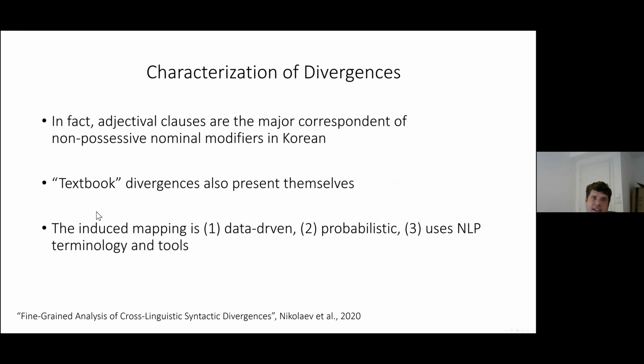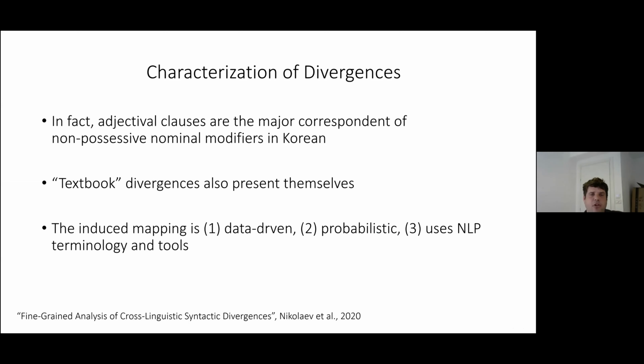So this type of analysis both reveals textbook divergences, such as the tendency to pro-drop, which is different in different languages, of course, but also other cases which are more gradient tendencies of languages. For instance, adjectival clauses are the major correspondent of English non-possessive nominal modifiers in Korean. And this is something which just emerges from this corpus analysis.